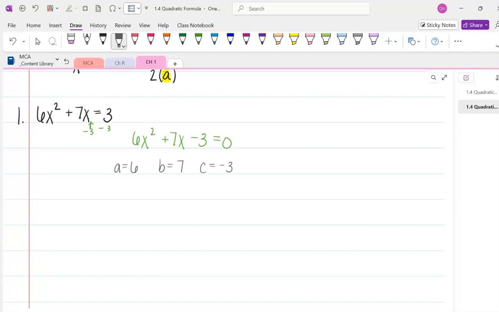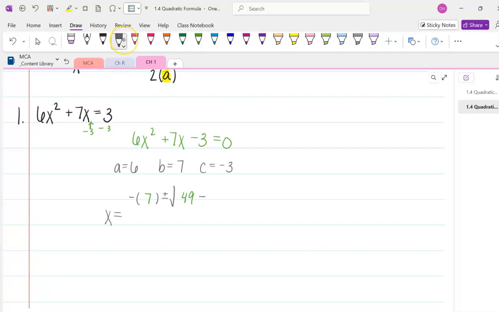And then we can just go straight to x equals. So you've got negative b. So we're going to input 7, negative 7. And then it's always plus or minus the square root of. We've got b squared. So you've got 7 squared. Essentially, I just like to put what b squared is. So instead of 7 squared, we're going to input 49. It's always a positive number.